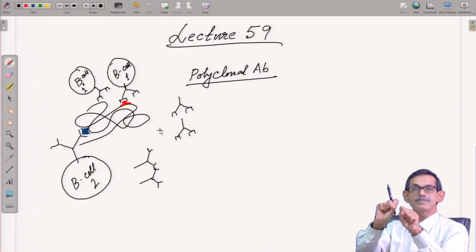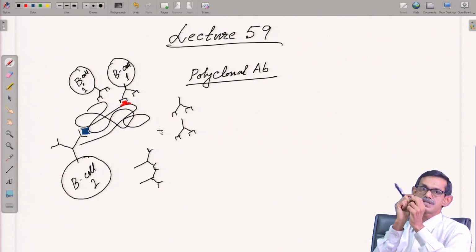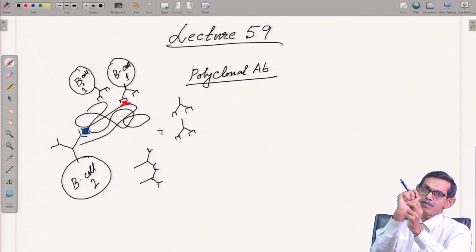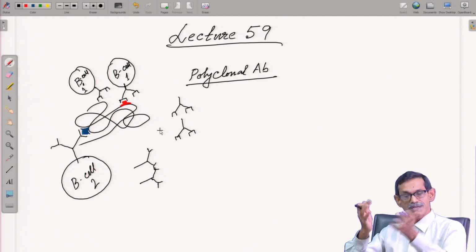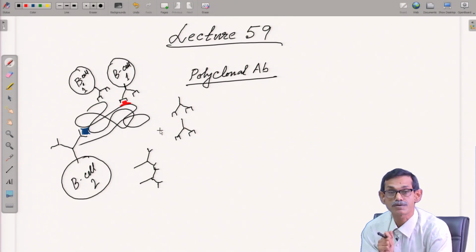So, 2 different B cells means 2 different clones, their sequences are very similar, but 1 or 2 amino acids in the interacting region or the paratope region are different. Then also we will call it polyclonal.